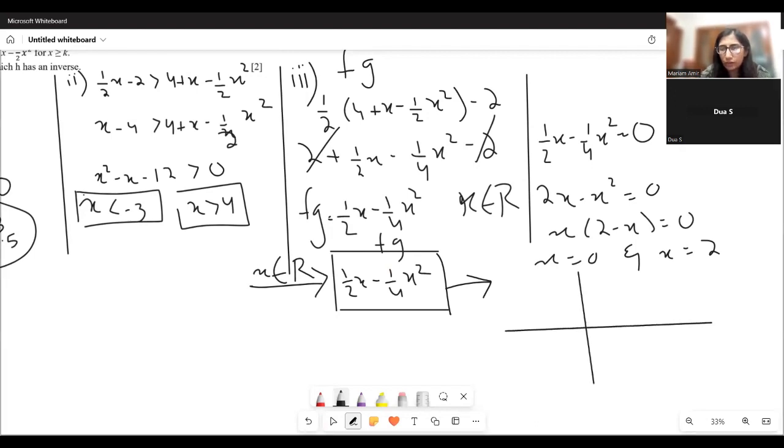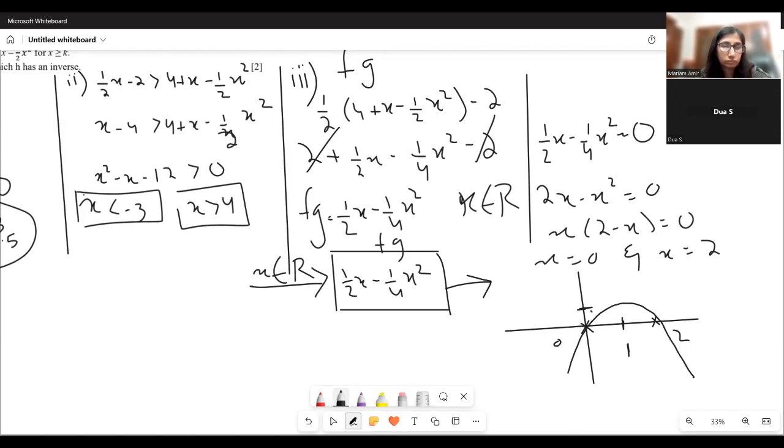So, to sketch it, 0, 2, the graph has negative x square, so it's an upside down graph between 0 and 2. So the midpoint here is 1. And if that's the midpoint, then what's the value of the function when x is 1? It's going to be half minus 1 by 4.